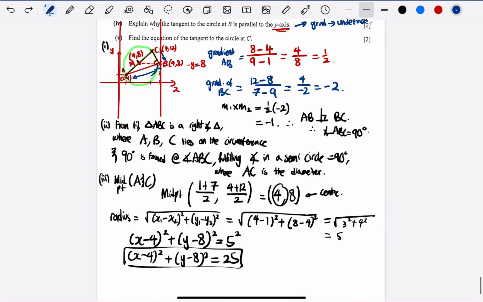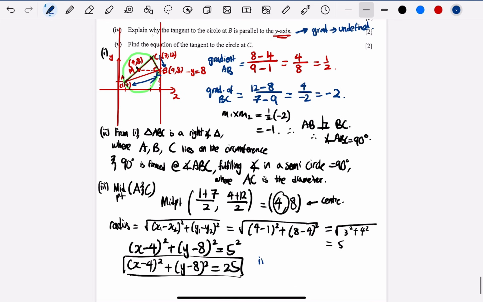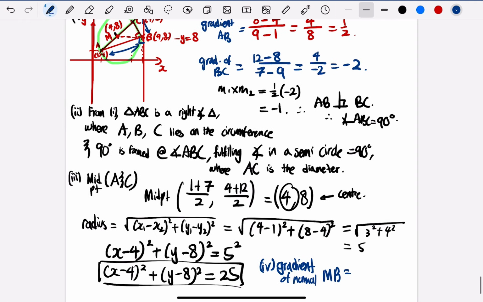Okay, so let's first find the gradient of our normal. Gradient of normal MB is just equal to my y1 minus y2 again. So y1 is 8 minus 8, over your x1 minus x2, which is 9 minus 4.